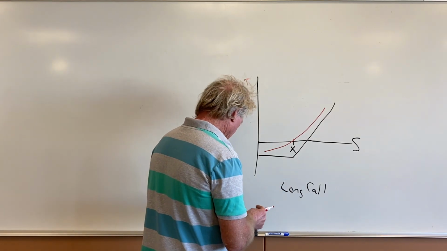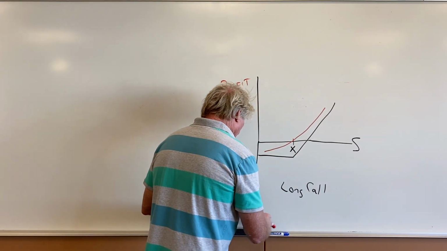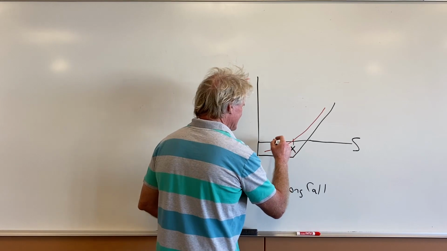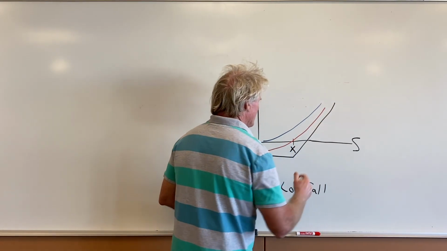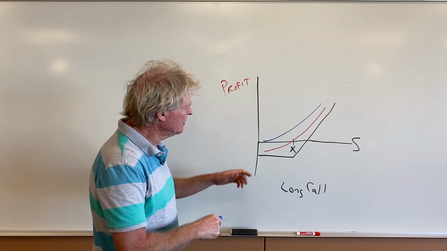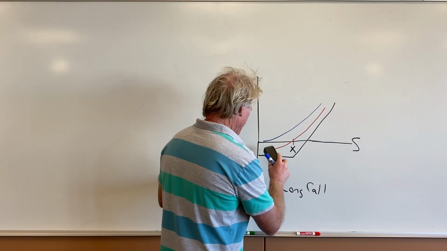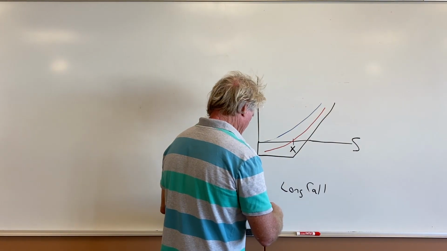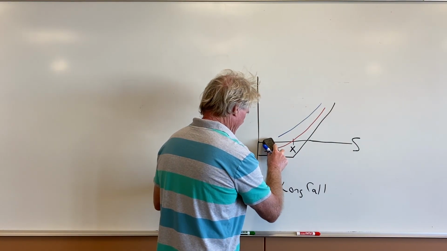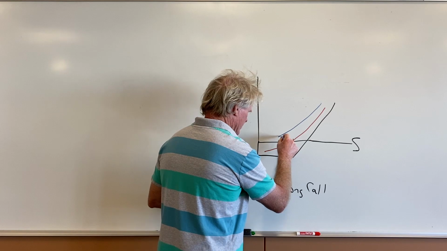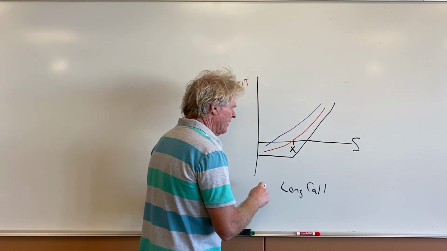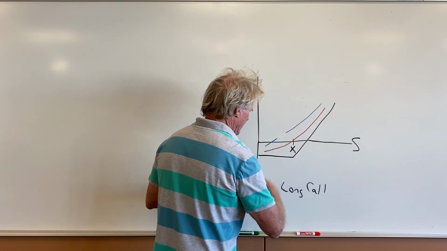And then I'll put another curve up here. This one will be in blue, and like that. And that is another profit diagram for an investment in a call. Make sure this blue has a segment beneath the horizontal axis.